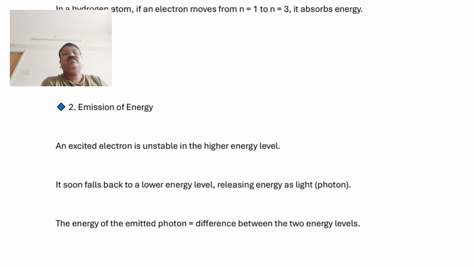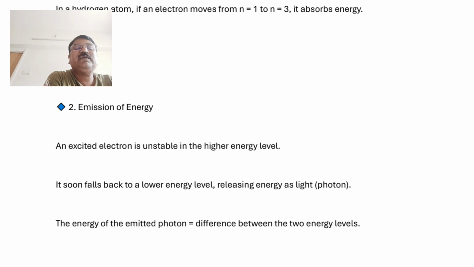Now, the second mode of transfer of energy is the emission of energy. Whenever energy is given out by the electron from the atom to the system, it is called emission of energy. An excited electron is unstable.